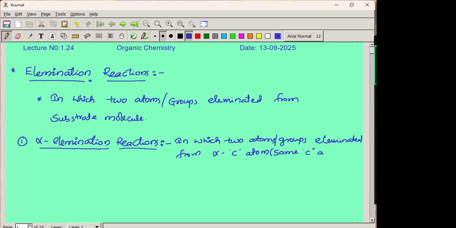So then that is called alpha elimination reaction.